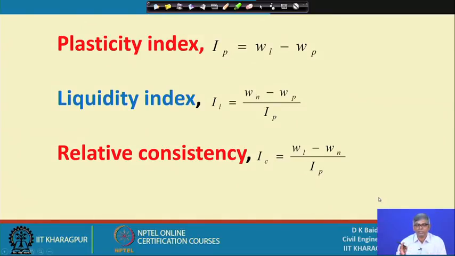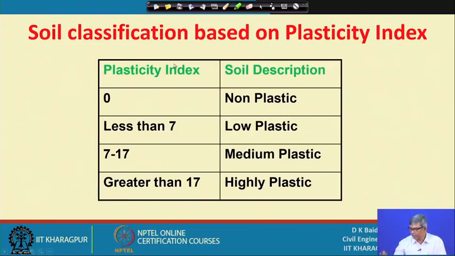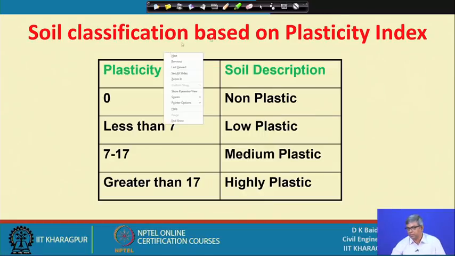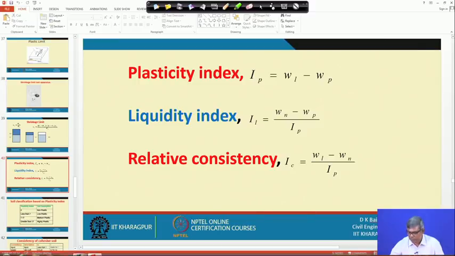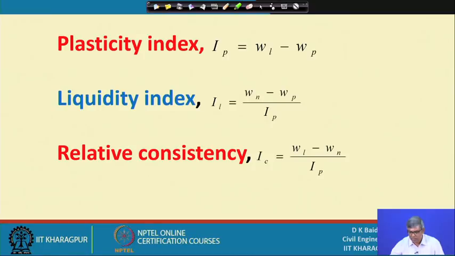After getting the liquid limit, plastic limit and shrinkage limit, we can get the plasticity index IP, which is nothing but liquid limit minus plastic limit.